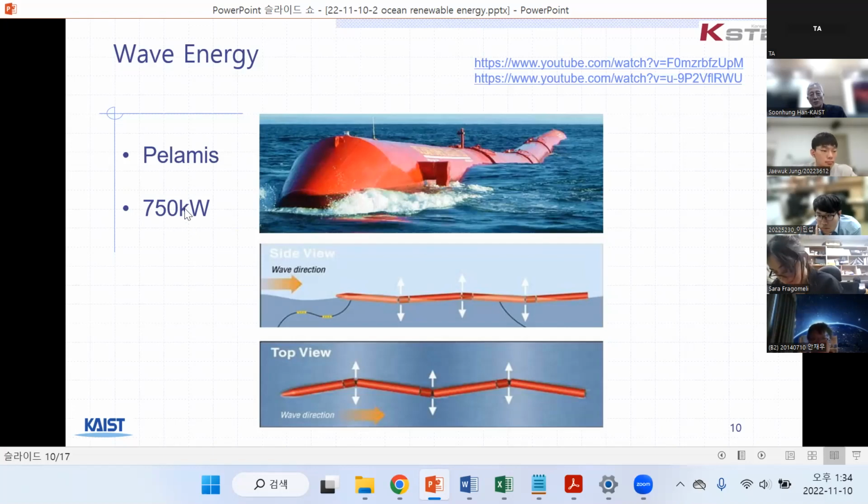So the energy output is not so big. You may think about comparing to the wind power system. Comparing the size of the Pelamis system and the size of the wind power system, the output is small, probably because of the wave energy density.